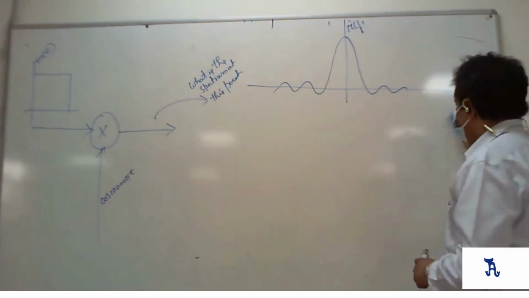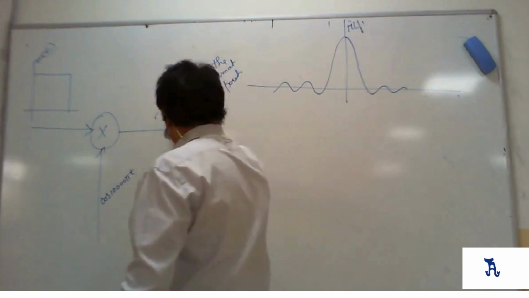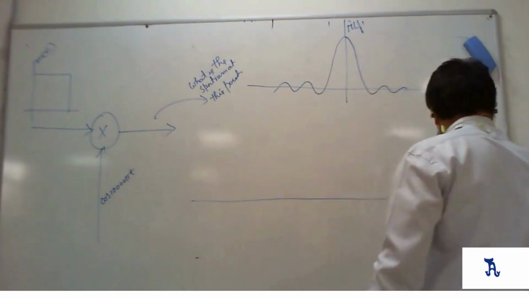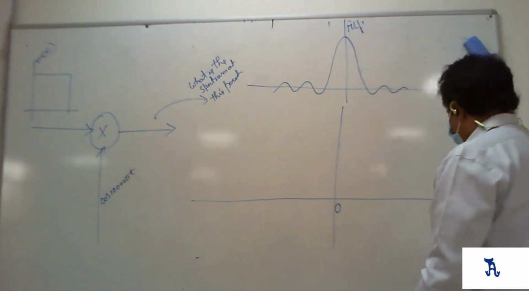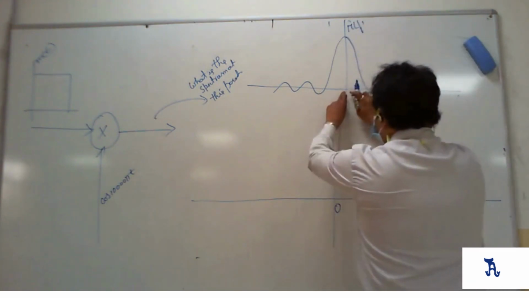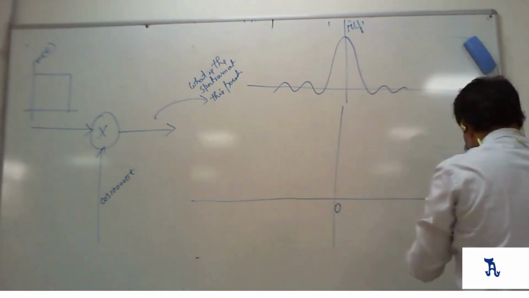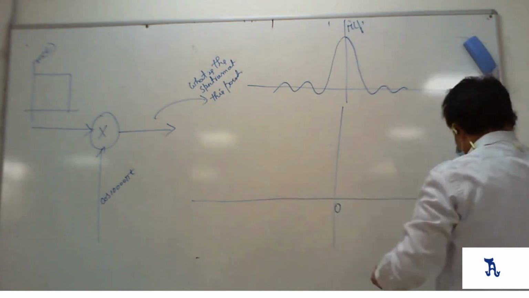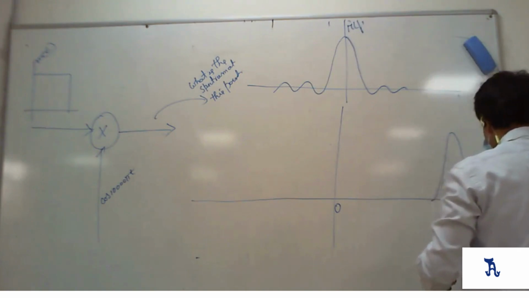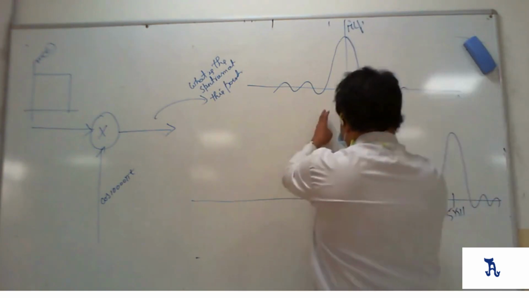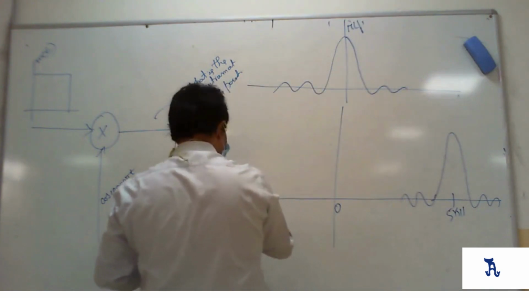Then what is your spectrum at this point? Can somebody tell me? If you understood, do it. Whatever zero is there, you remove it and put it on what frequency? 5 kilohertz. Same thing, bring this here.